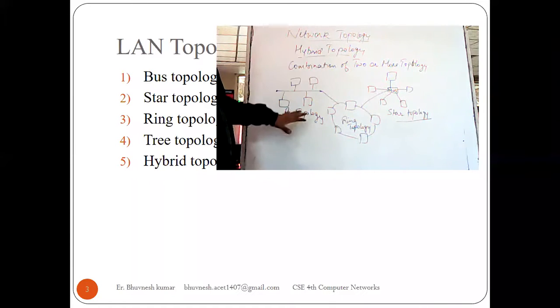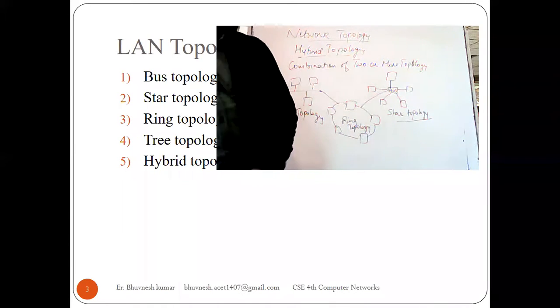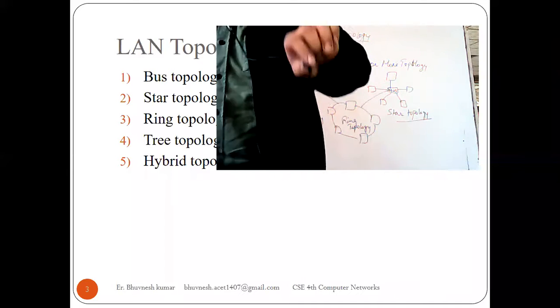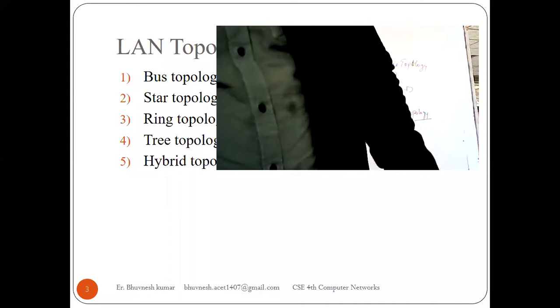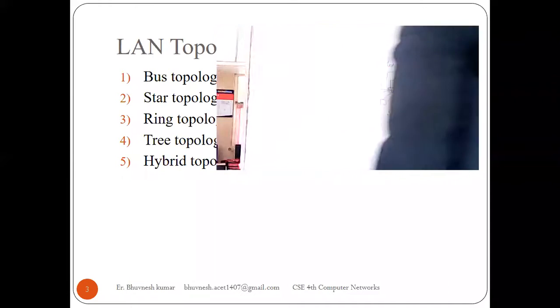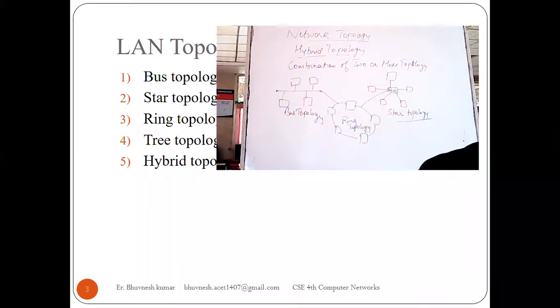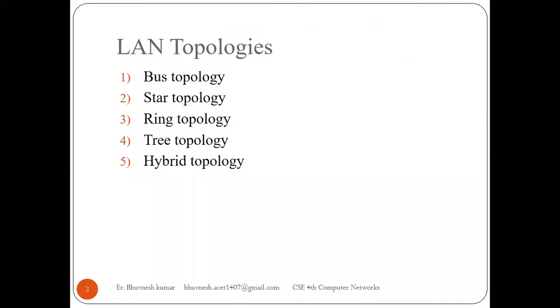Okay, that's all for your network topology. Now we will study the advantages and disadvantages of these topologies. The types are bus, star, ring, tree, mesh, and hybrid topology.